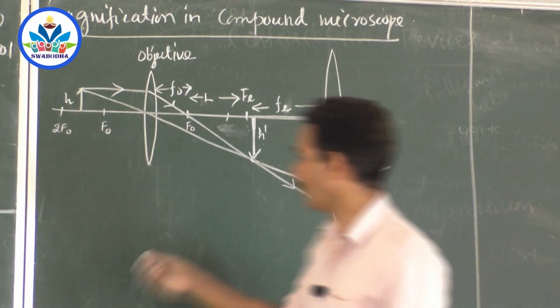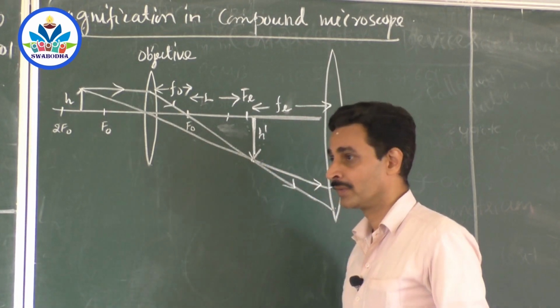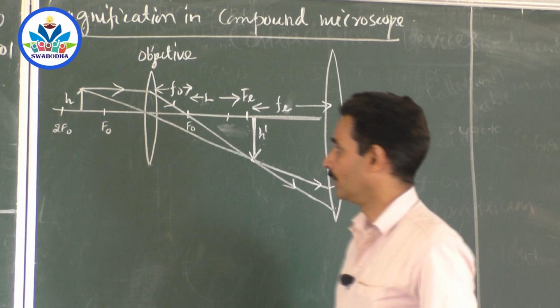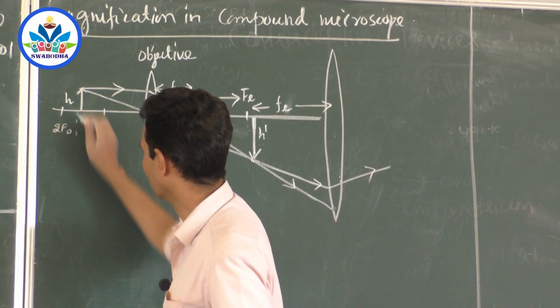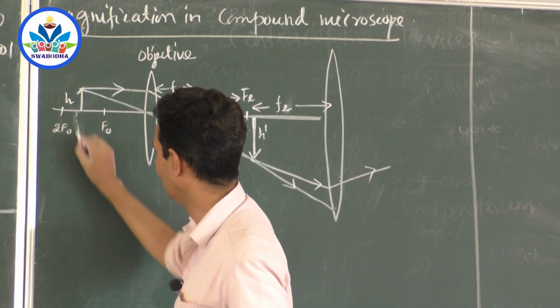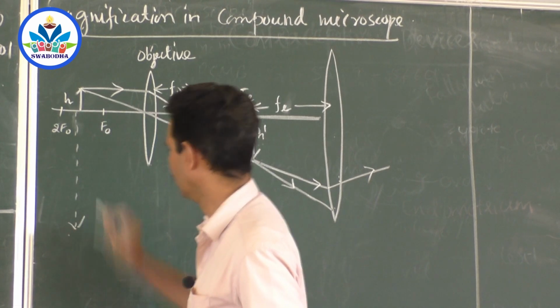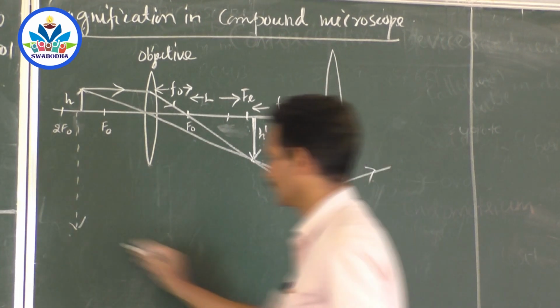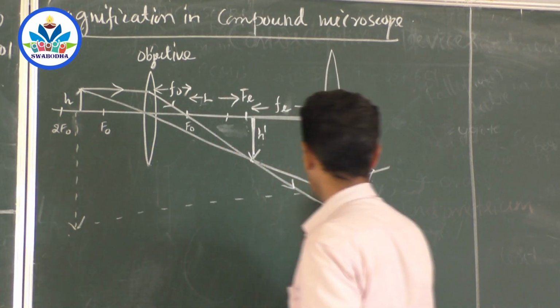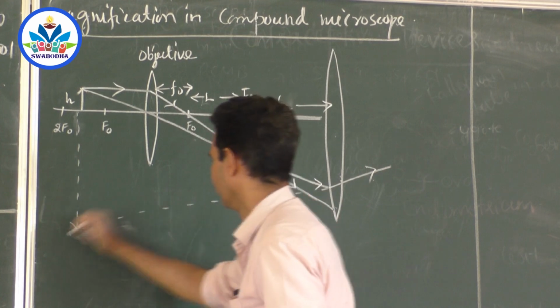When you draw the ray diagram, you should know everything about it. We know that the image should be formed somewhere here. Suppose it is formed here, then you just draw these diagrams after you combine this and this one.